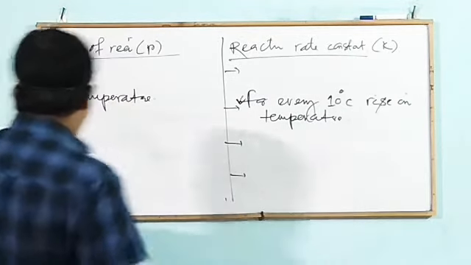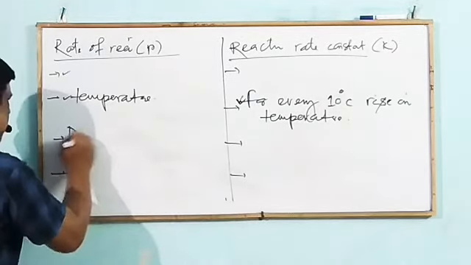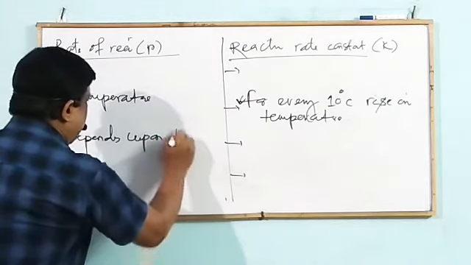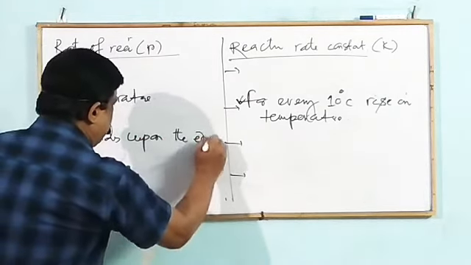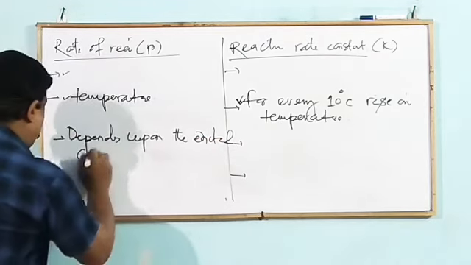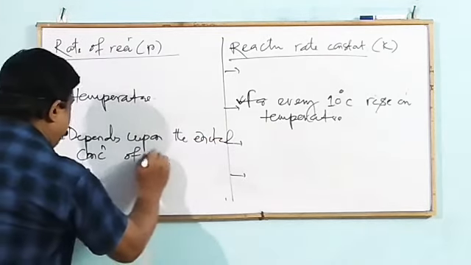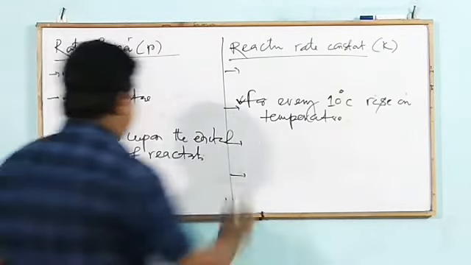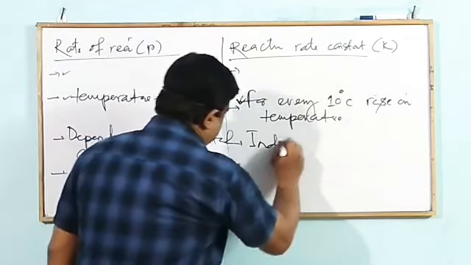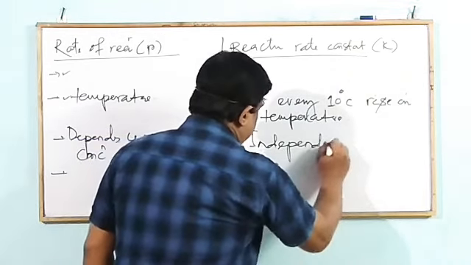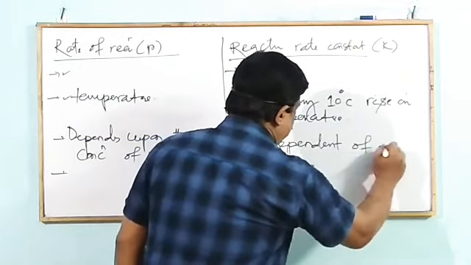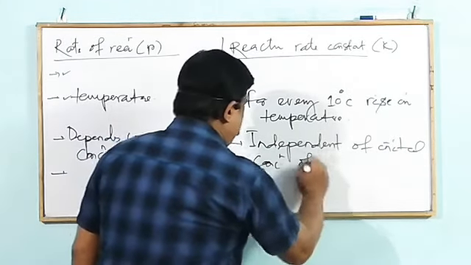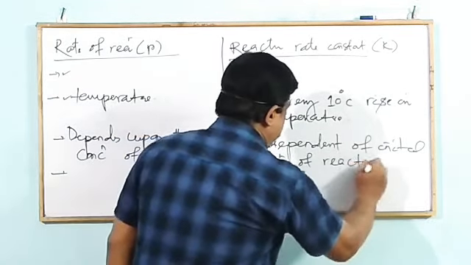Then the rate of reaction depends upon the initial concentration of reactant species, while the rate constant is independent of it.